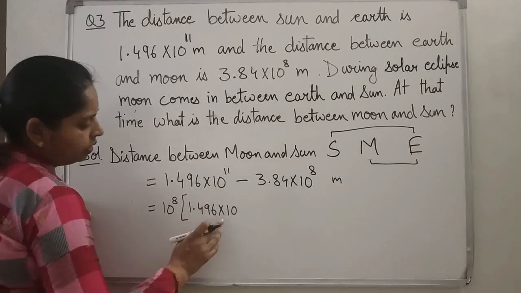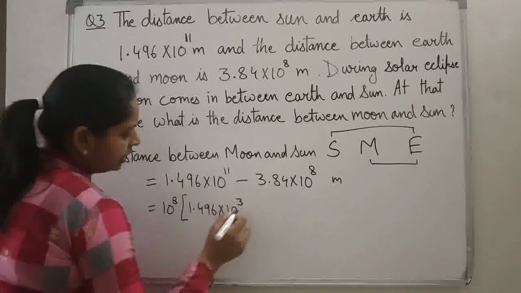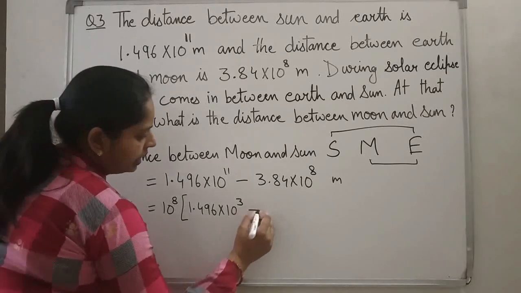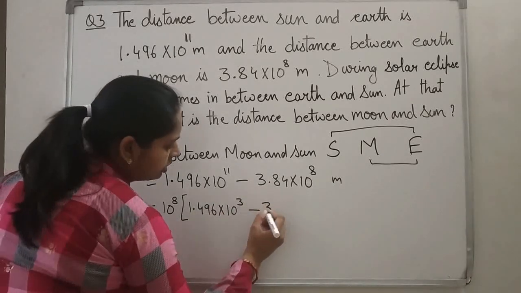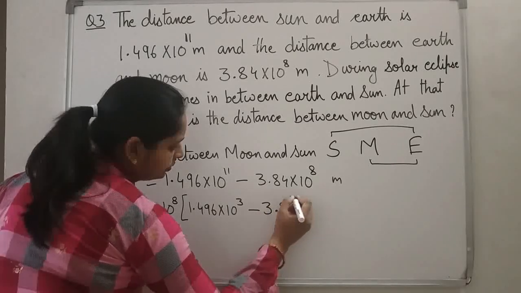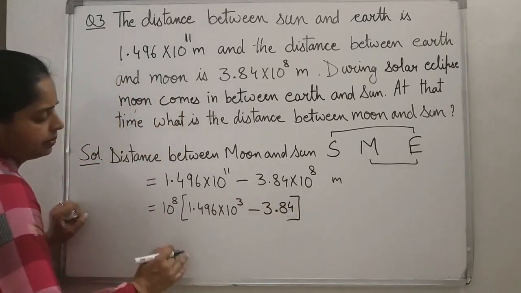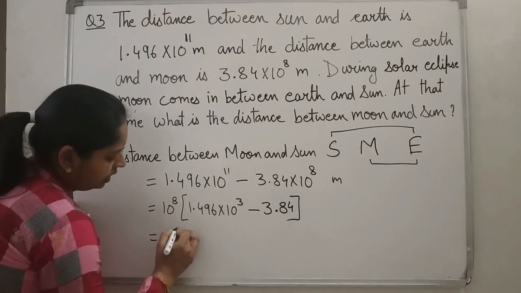Minus, from the second term, 3.84 is left.